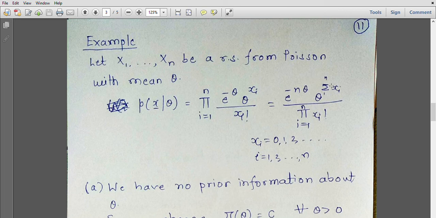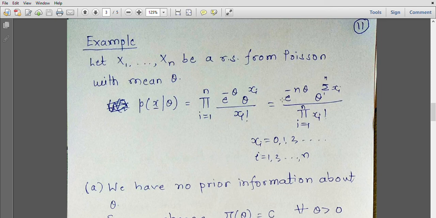If I start with a gamma PDF, I get terms like e raised to minus theta into something, and theta raised to some other term. So e raised to minus theta into the first parameter merges with this term, and theta raised to whatever parameter you have merges with these terms.